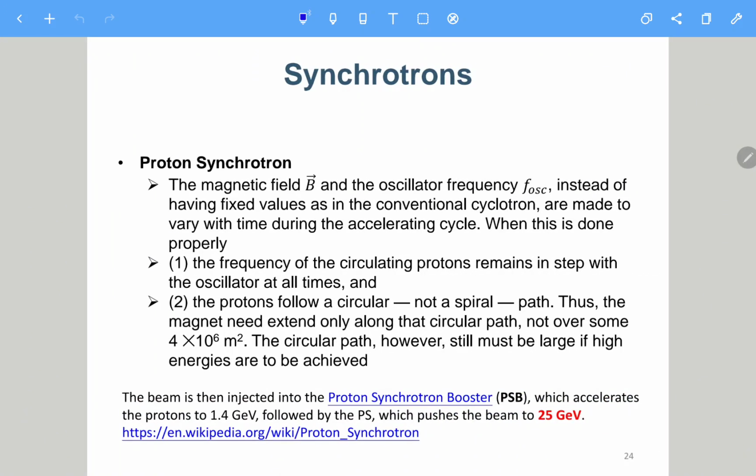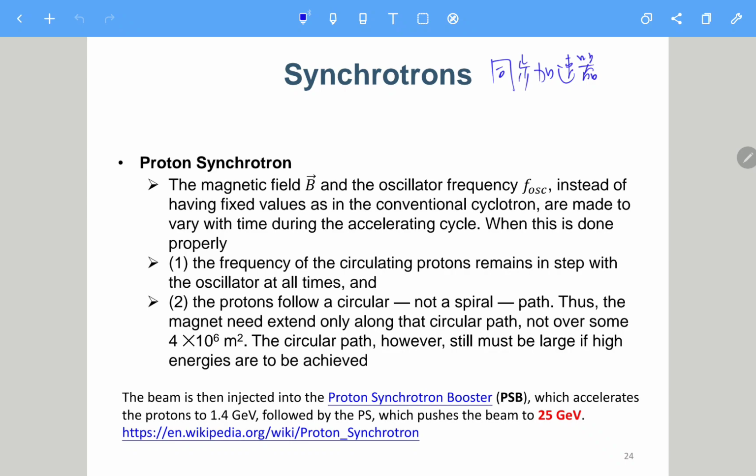So here we will have another type of particle accelerator called a synchrotron, 同步加速器. We don't try to mention it very deeply.